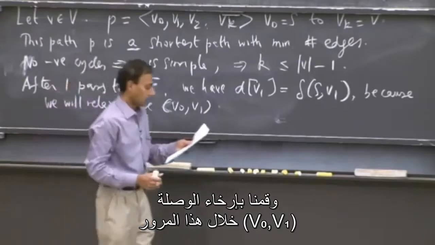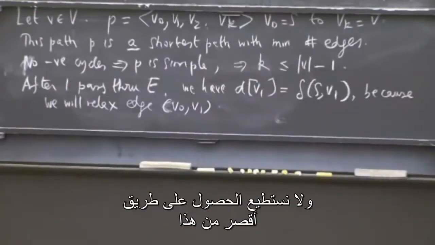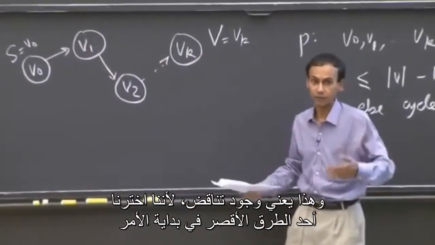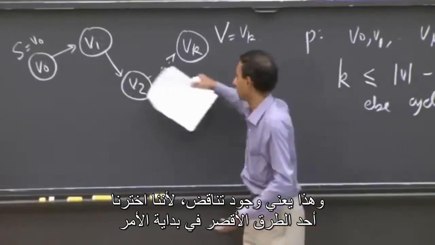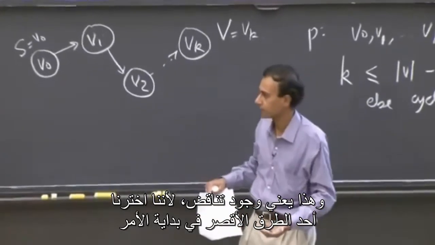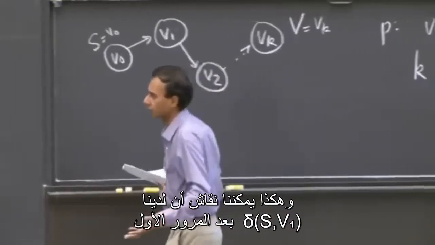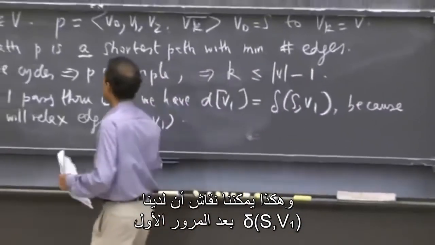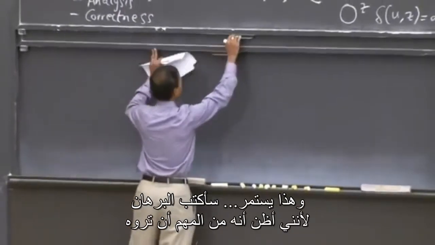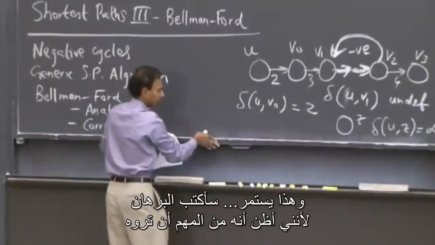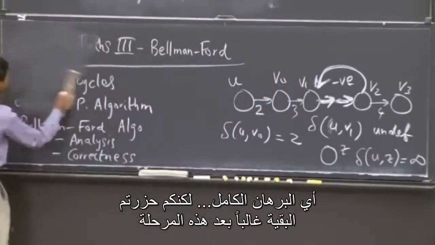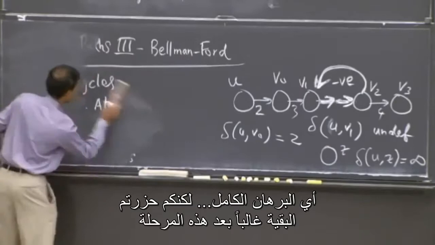And we can't find a shorter path than this path, because otherwise we'd violate the optimum substructure property. That means it's a contradiction that we selected a shortest path in the first place. And so we can argue that we have delta SV1 after the first pass. And this goes on. I'm going to write out this proof because I think it's important for you to see the full proof. But you could probably guess the rest at this point.